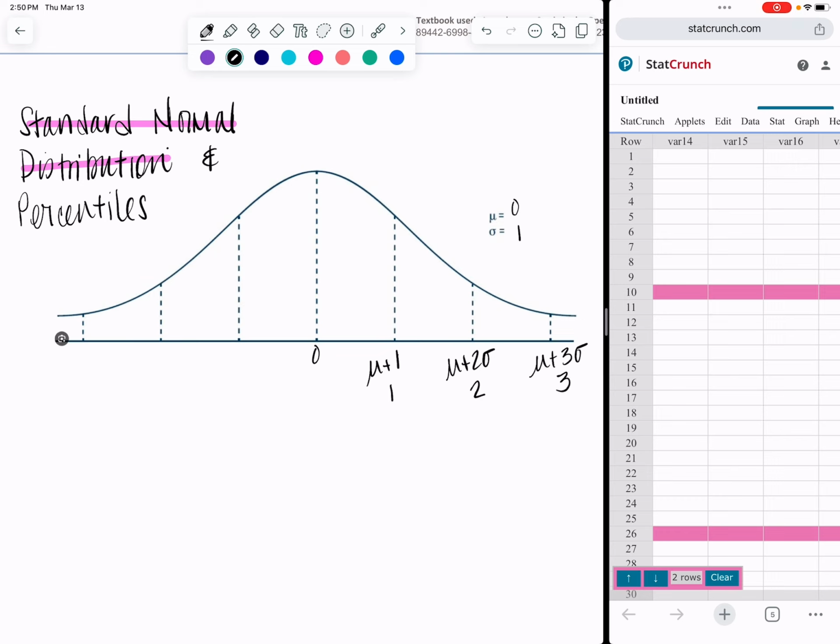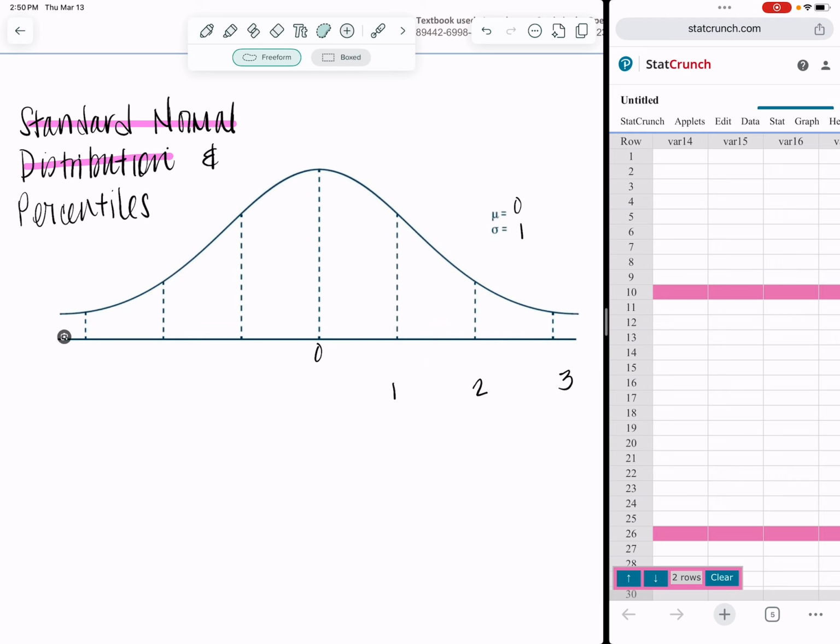The difference with the standard normal distribution is that we are looking at z-scores. Remember, a z-score is the distance you are from 0 or from the mean. And when we look at z-scores, basically we're counting the standard deviations. So if you were 1 standard deviation away from the mean, you have a z-score of 1. If you are 2 standard deviations away from the mean, you have a z-score of 2.